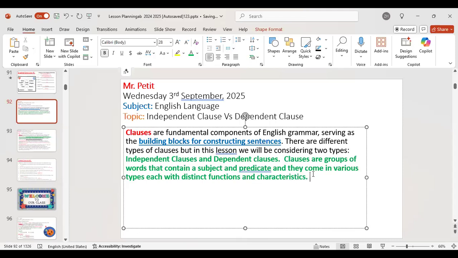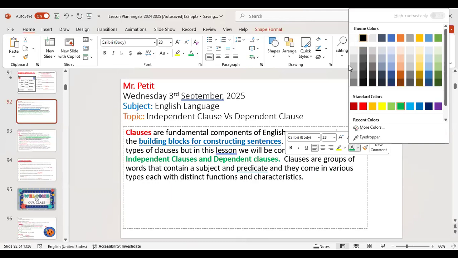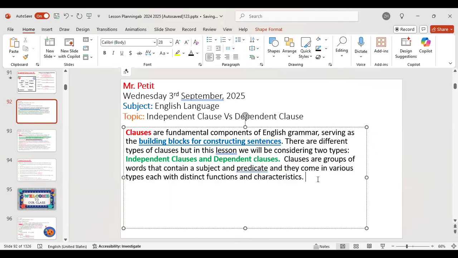So clauses are groups of words that contain a subject and a predicate. They come in various types, each with distinct functions and characteristics.